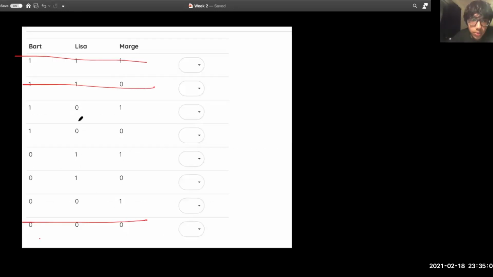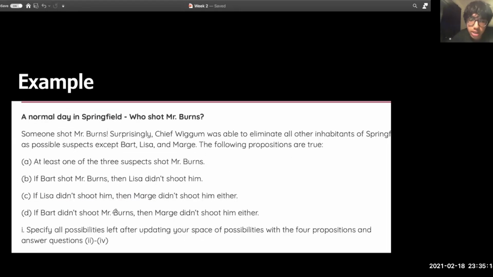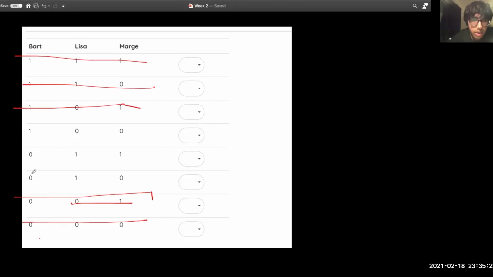If Liza is 0, then Marge also has to be 0. So this one is out of the question, and this one is also out. Lastly, if Bart didn't shoot Mr. Burns, then Marge didn't shoot him either. So if Bart didn't shoot him, then Marge did not shoot him either. That means Bart has not shot Mr. Burns but Marge has, so this one is out of the question as well.